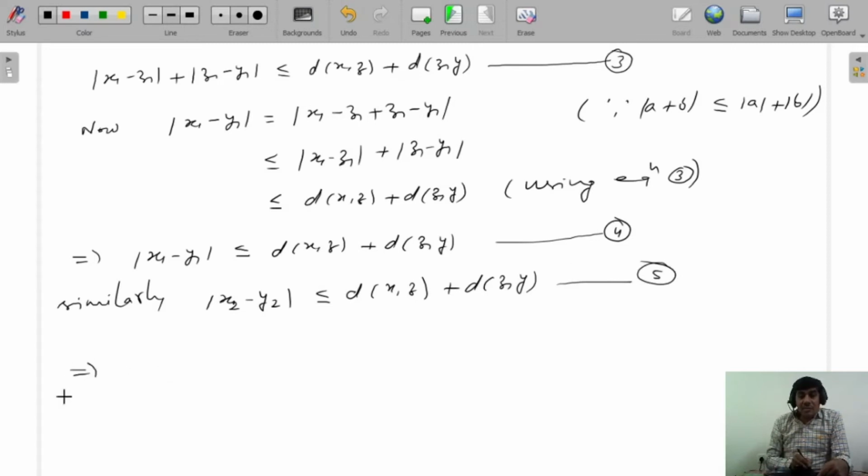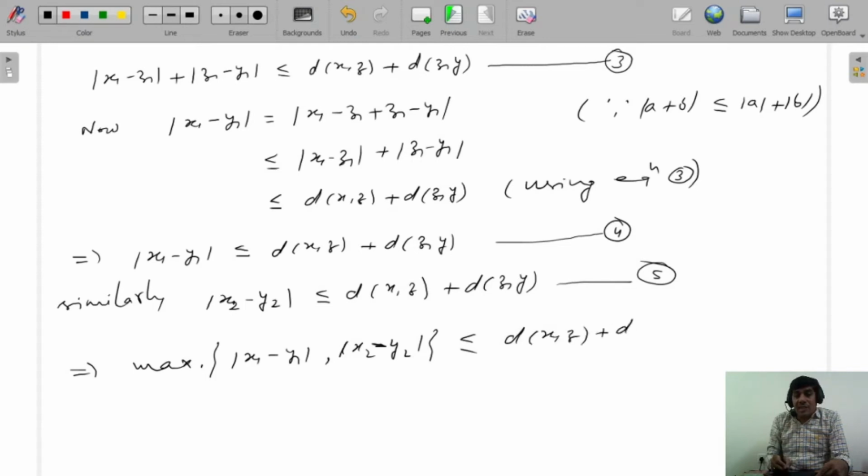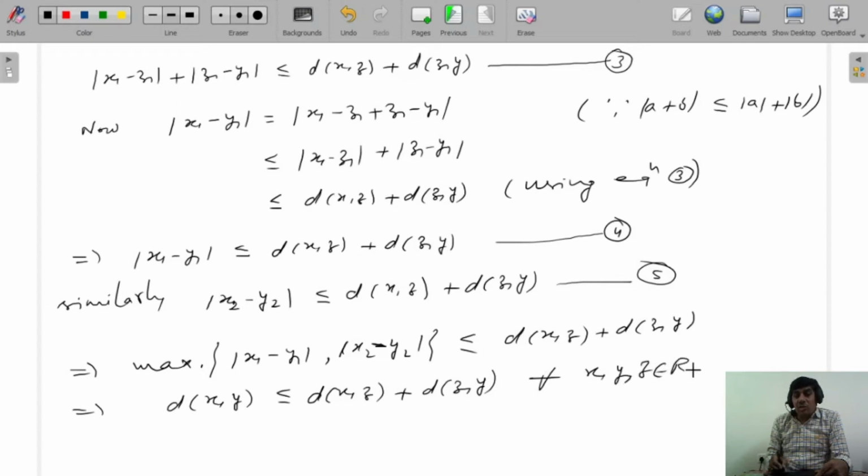This implies maximum of modulus of x1 minus y1 and modulus of x2 minus y2 is less than or equal to dxz plus dzy. This implies dxy is less than or equal to dxz plus dzy for every x, y, z belongs to R square.